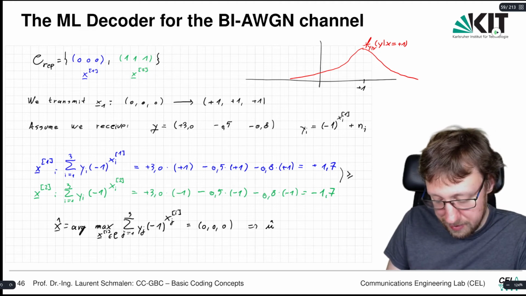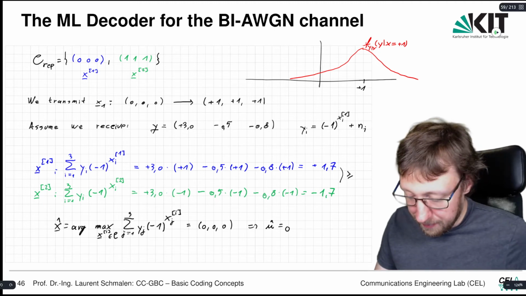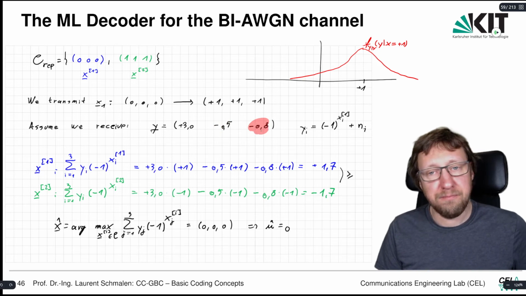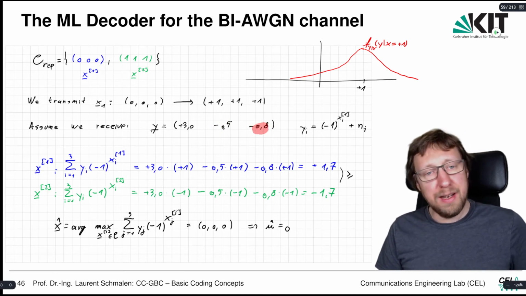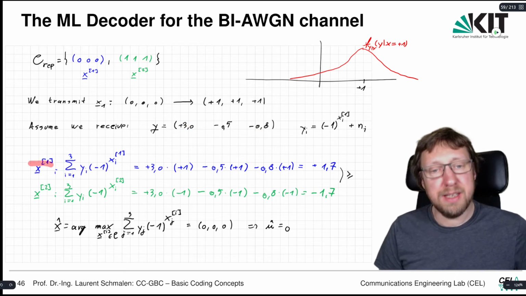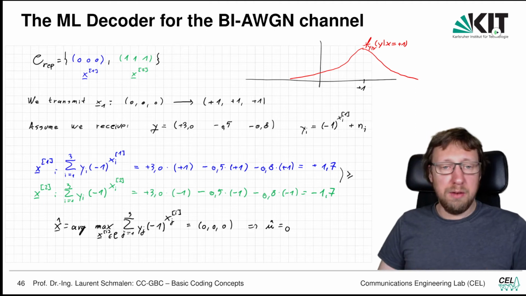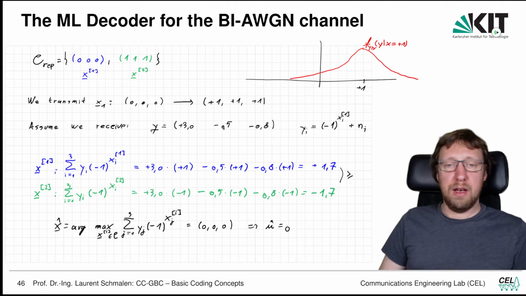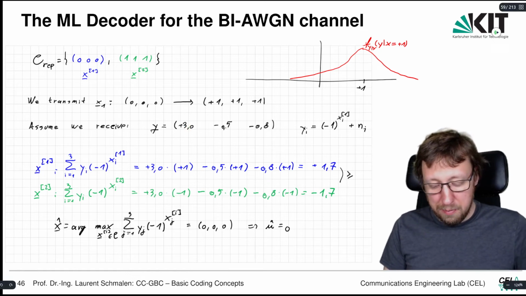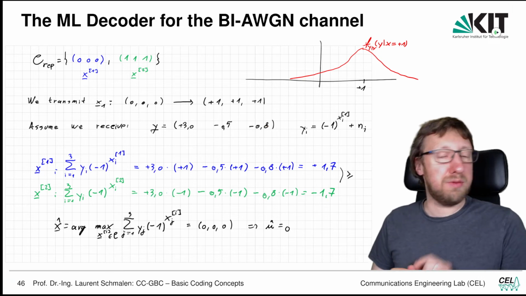So the transmitted symbol was equal to 0. Despite the fact that we receive two negative symbols, we still decode for a +1. We still assume that +1 is the more likely transmitted sequence. This is astonishing because if we had made a hard decision before, we would just see +1, -1, -1, and we would possibly infer that a -1 has been transmitted.